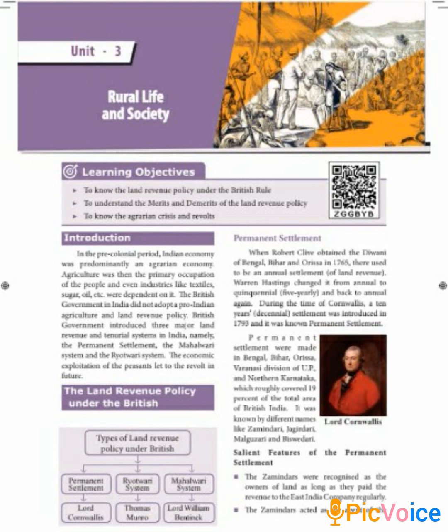Today we'll just see about the Ijaradari system and how it failed. Tomorrow we'll continue with the other land revenue systems. According to this system, the right to revenue collection was given to the highest bidder for a period of 5 years.